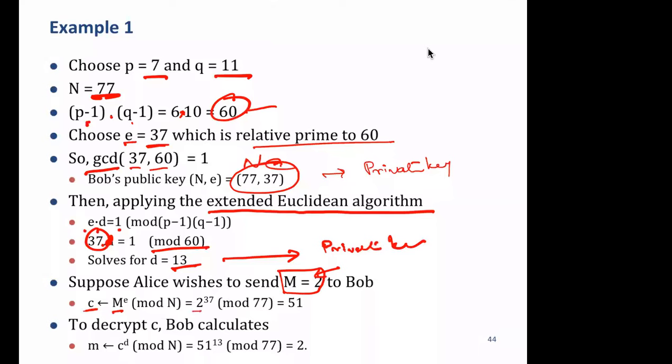So M is 2, and she will calculate 2 raised to the power 37 mod 77, because N is 77 here. The result is 51, so she sends 51 to Bob. To decrypt it, Bob will use C raised to the power D, that is 51 raised to the power 13 mod 77. The answer will be 2.